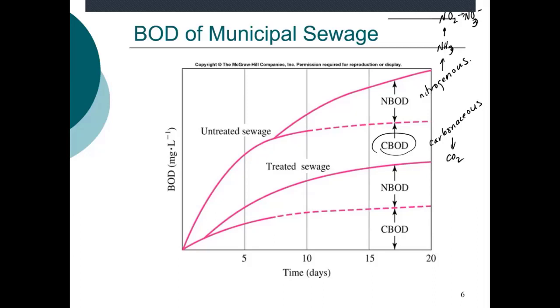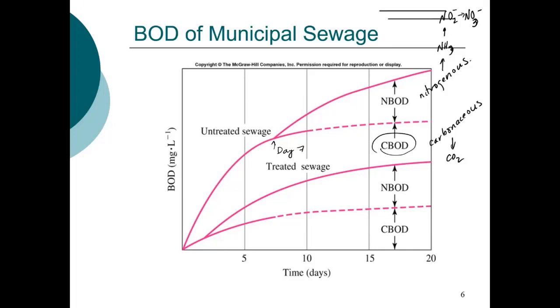So what you see here is an untreated sewage. You really don't start degrading that nitrogenous material until about day 7. So up until about day 7, anything that you're degrading is predominantly the carbonaceous material, the material that contains carbon.